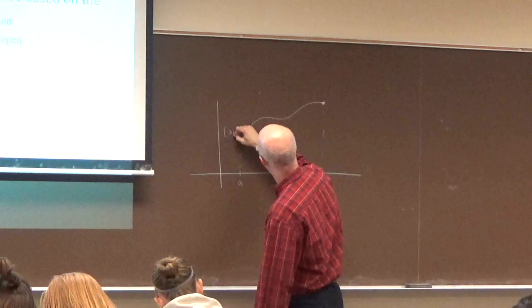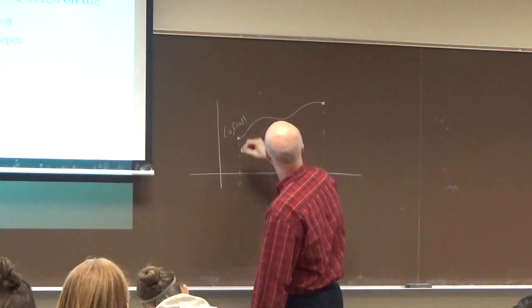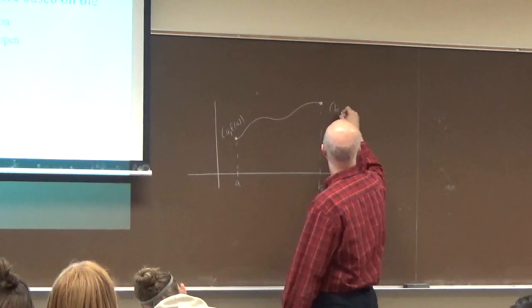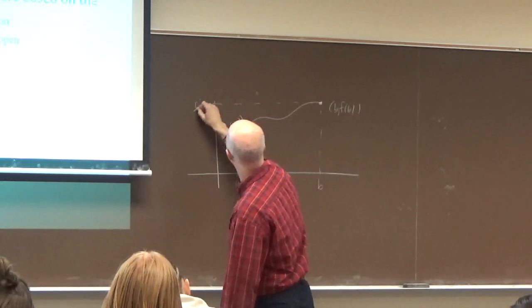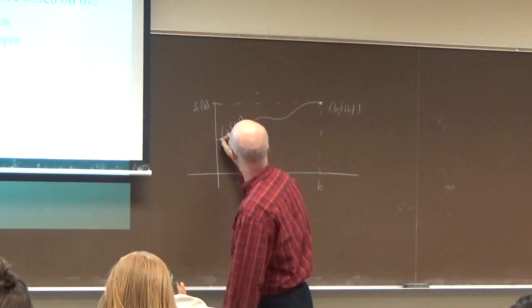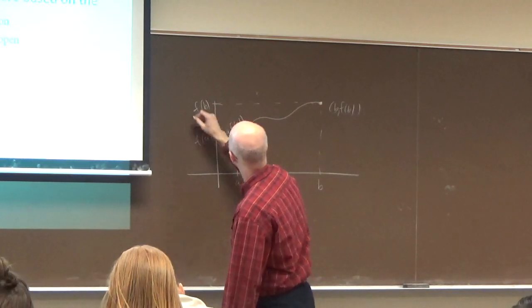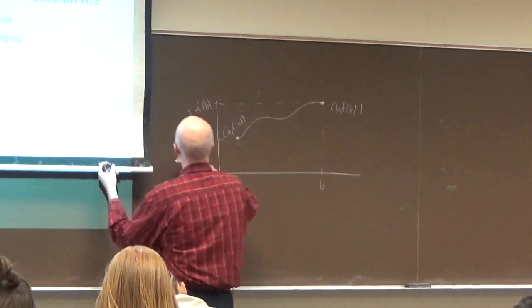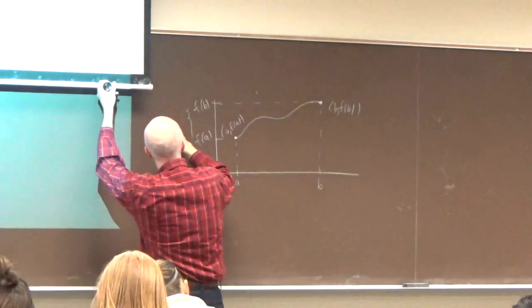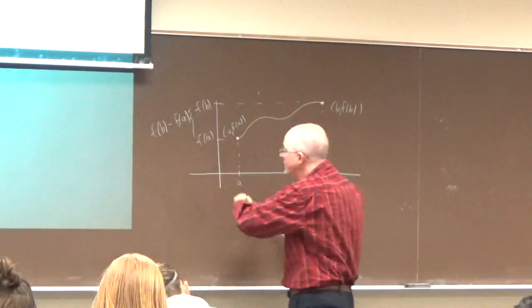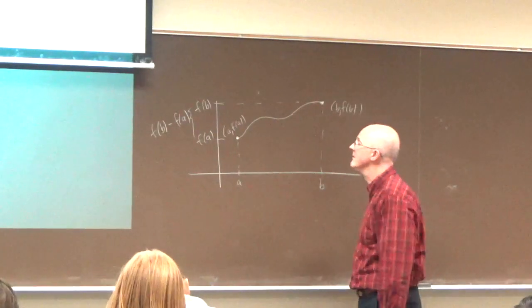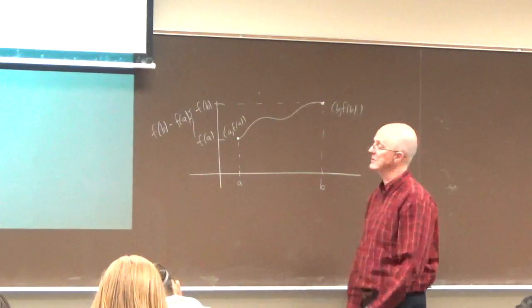This point is a comma f of a. This point is b comma f of b. As a number, f of b is here, and f of a is here. So this distance right there, that's f of b minus f of a, and I've drawn it to be a positive difference. But the function could go down, and that could be a negative number. And then the rise would be negative.